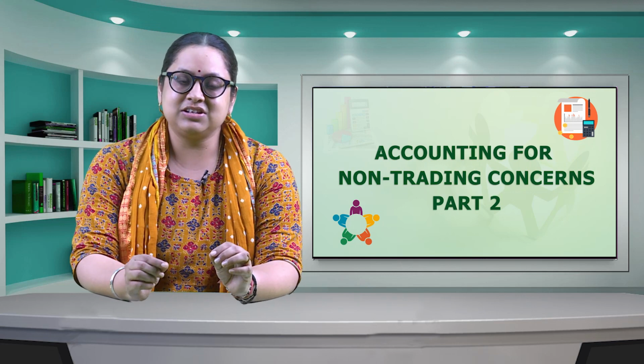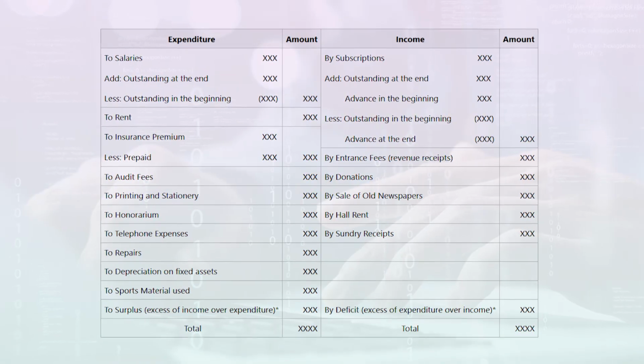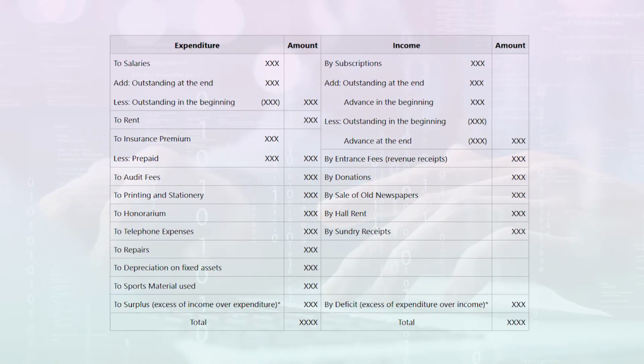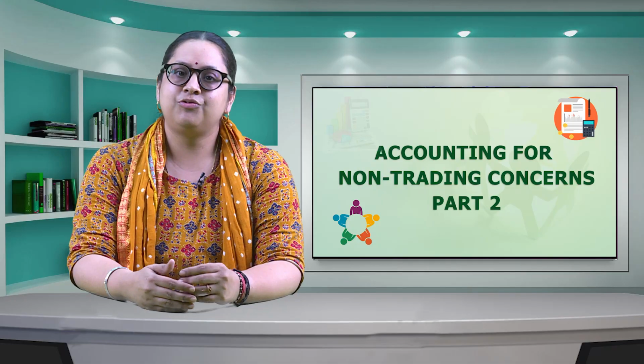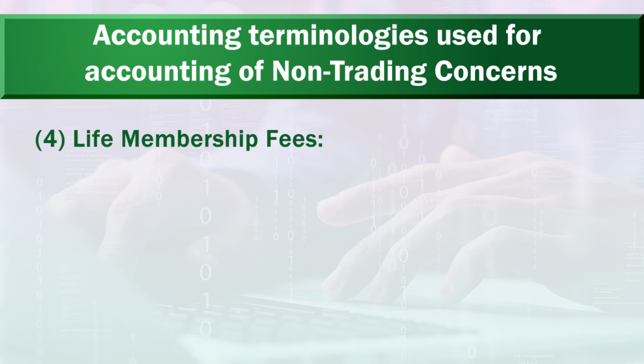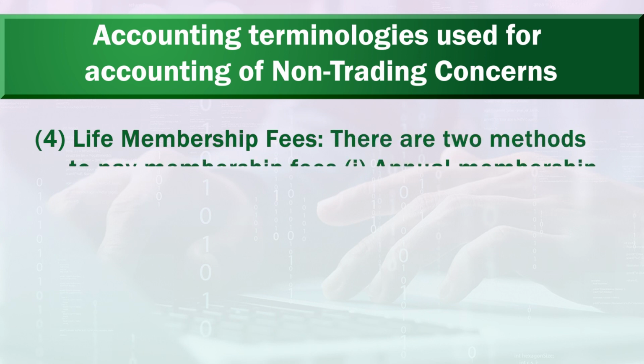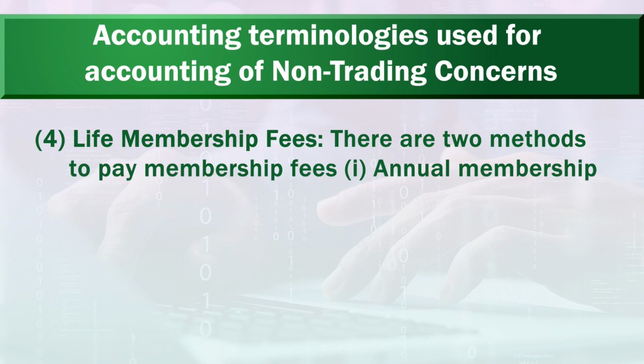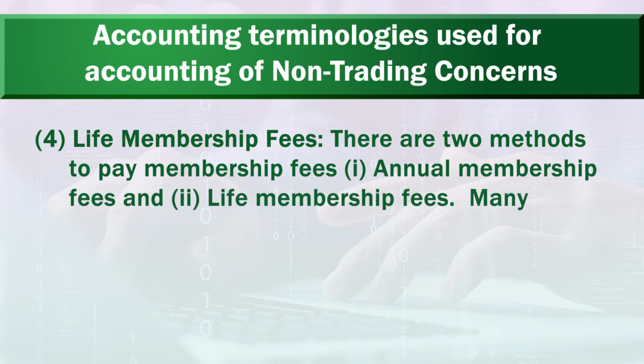If instruction is specified for considering it as revenue income, disclose it at the credit side of income and expenditure account. 4. Life membership fees. There are two methods to pay membership fees. 1. Annual membership fees and 2. Life membership fees.